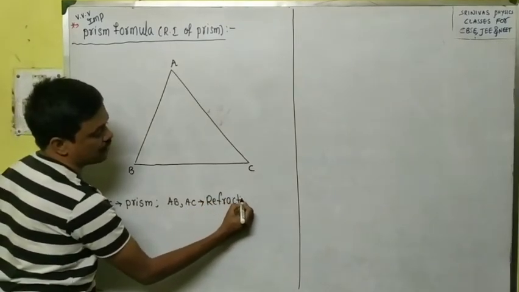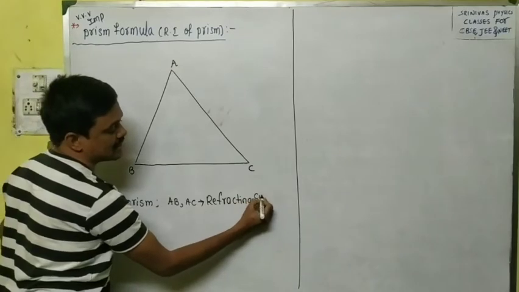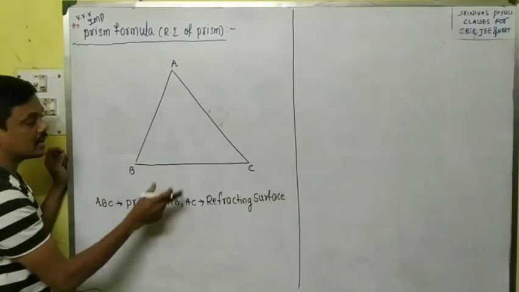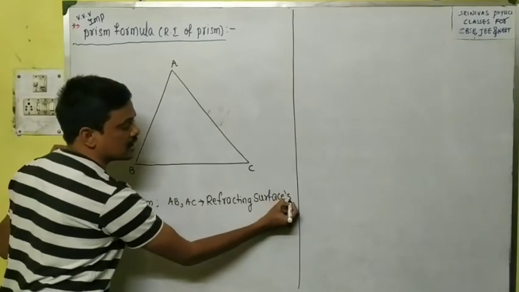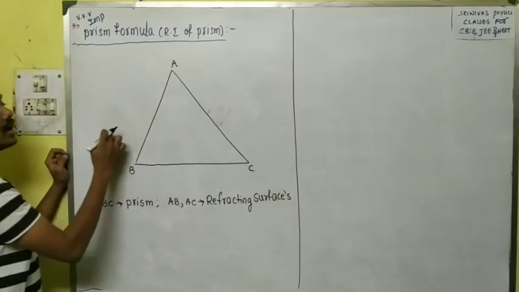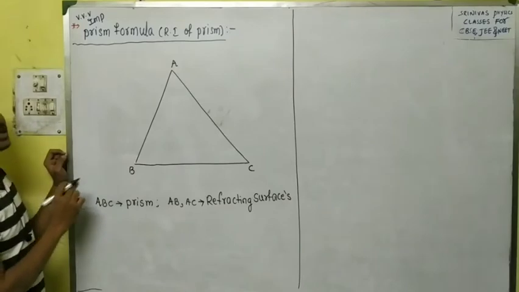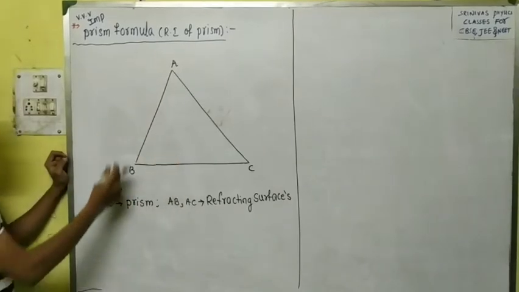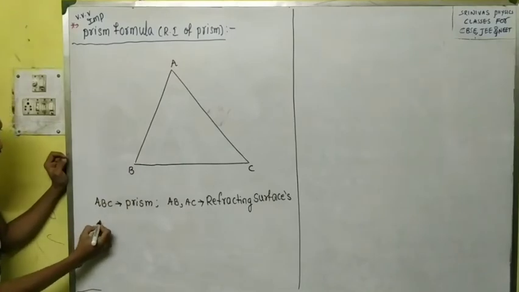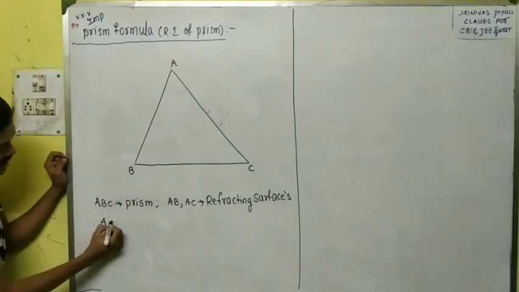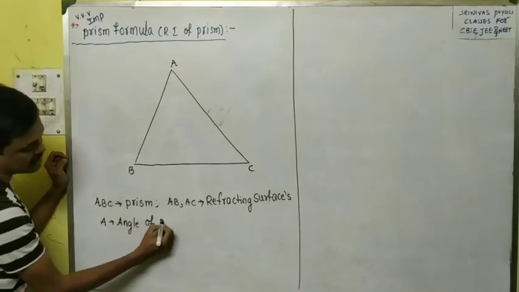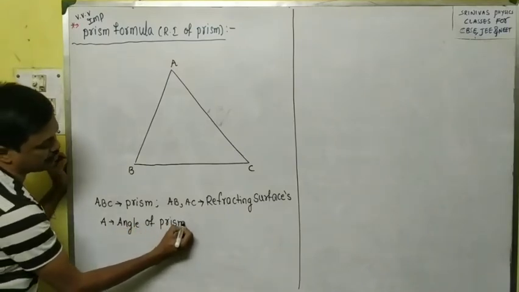What is the meaning of refracting surface? Refracting surface means it is a surface. If light is incident on this surface, that light undergoes refraction; it bends. That's why they are called refracting surfaces. And A is the angle of prism.